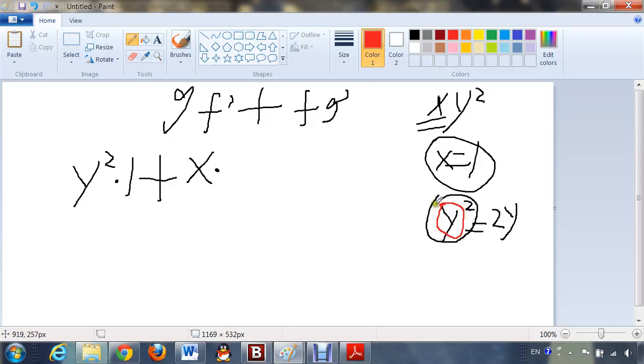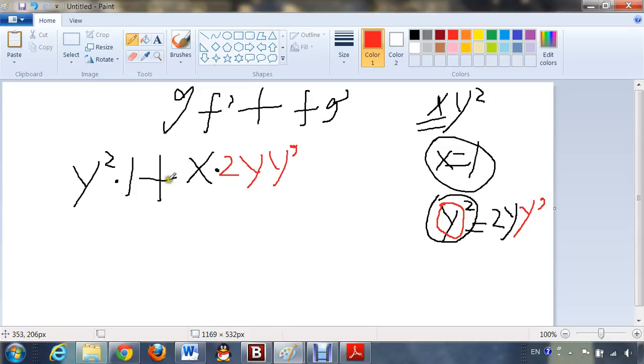So after you take the derivative of y squared, you will have to take the derivative of y too. So that will give you y prime. So it's 2y times y prime.